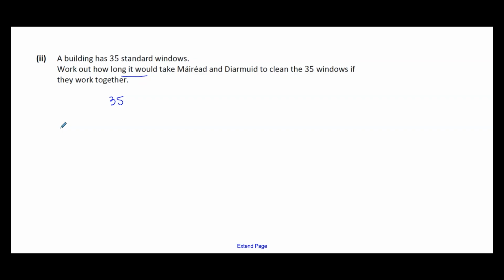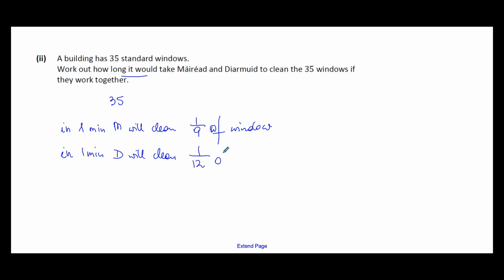So we are saying, okay, in 1 minute, Myriad will clean how much of a window? 1/9, isn't it, of a window? Because it takes 9 minutes, so in 1 minute, 1/9 of the whole window will be cleaned. Now, in 1 minute, Dermont will clean 1/12 of a window.